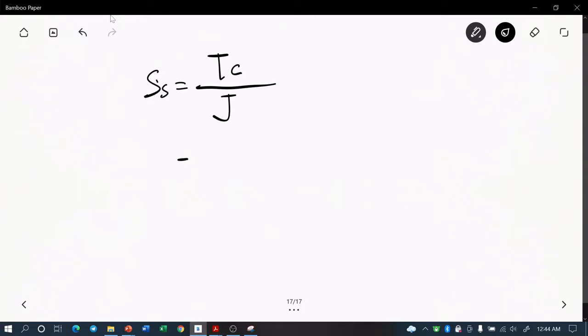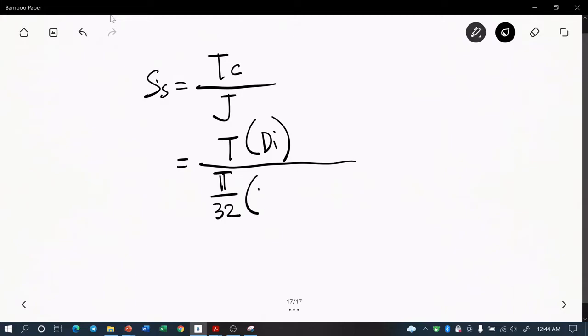So torque times d sub I. We have just solved the expression for c, which is d sub I, and pi over 32 for J, times d sub O raised to the power 4 minus d sub I raised to the power 4.